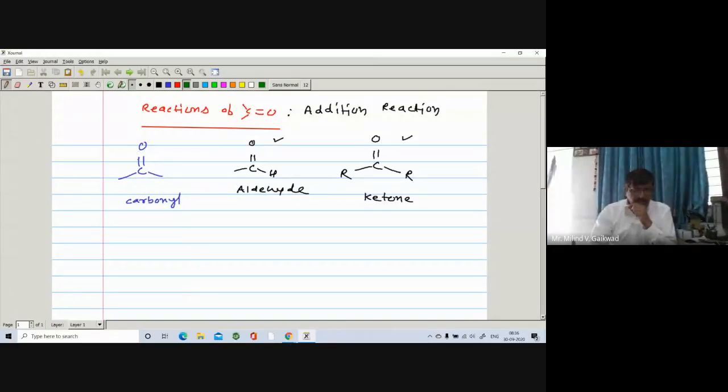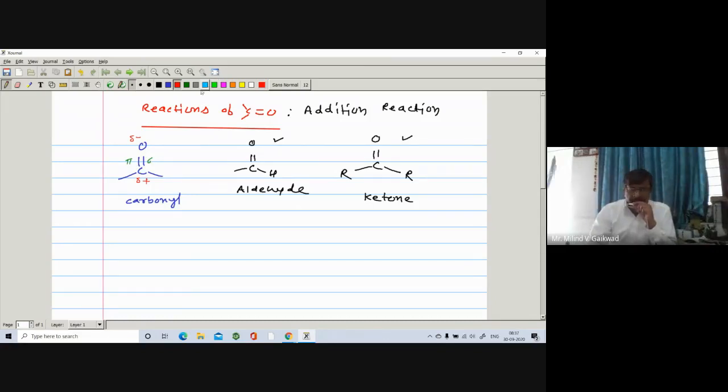There is a bond between the carbon and oxygen. One of the bonds is a sigma bond, and the other bond is a pi bond. Oxygen is more electronegative as compared to carbon, so oxygen carries a partial negative charge and carbon carries a partial positive charge. This is the charge on the carbonyl group.